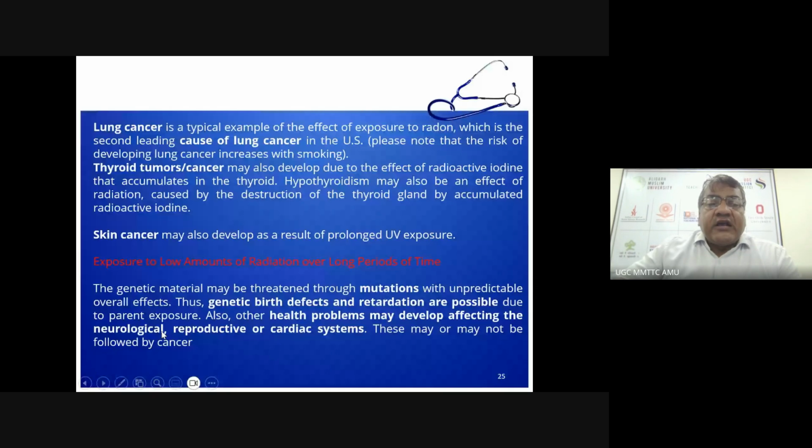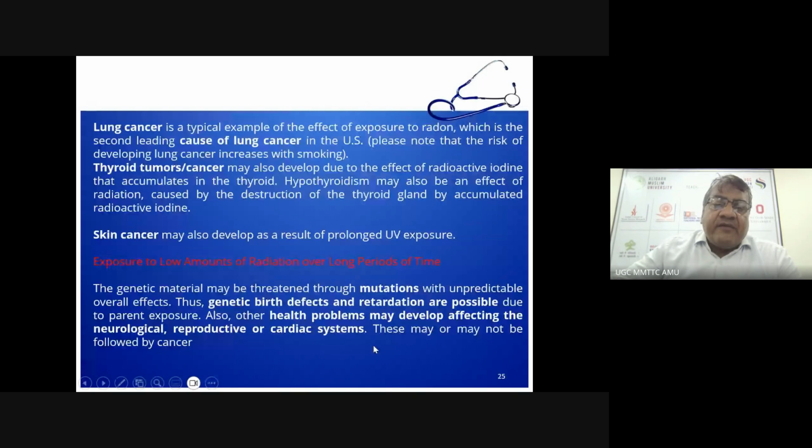So exposure to a low amount of radiation over a prolonged time may have an effect on genetic material. If it has an effect on genetic material, this ultimately gives rise to mutation. And this mutation finally comes in the form of genetic birth defects and retardation.